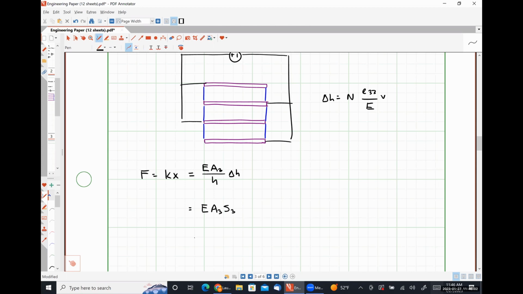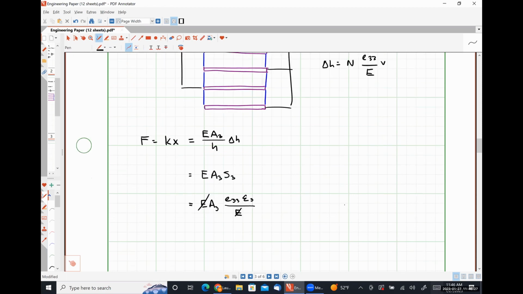And we know that our strain is, so we have A3. We're going to have E33 times our field in the 3 direction divided by our Young's modulus. These cancel each other out.